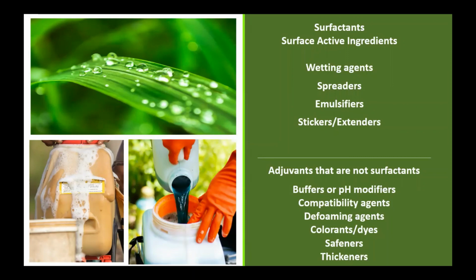Adding a surfactant, such as silicone, allows the pesticide to spread out further on the leaf surface, providing better pesticide coverage. Other types of adjuvants that aren't surfactants include buffers or pH modifiers, compatibility agents, defoaming agents, colorants or dyes, safeners, and thickeners.